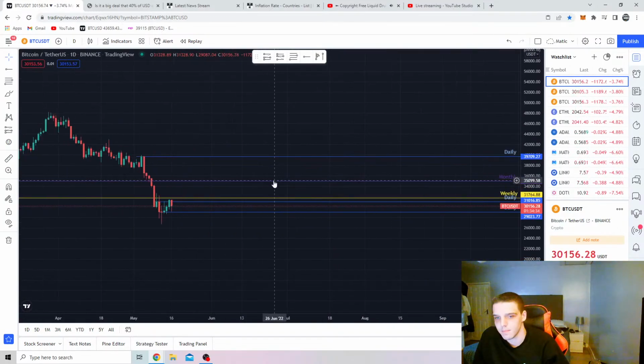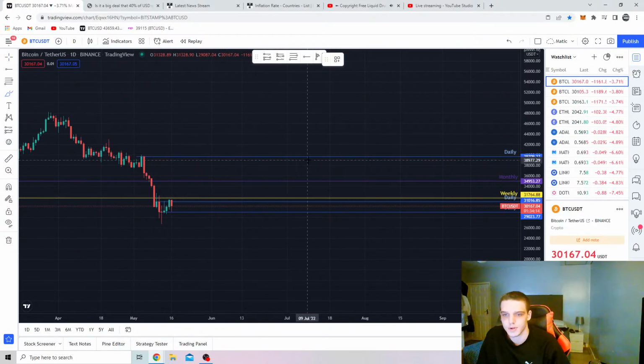But yeah, in other news, what I think will happen is, as I said earlier, range bound, potential push up, but I will be looking for a possible big rejection off this 30k and 39k area. There's not just a daily, there's a lot of other confluence there as well.